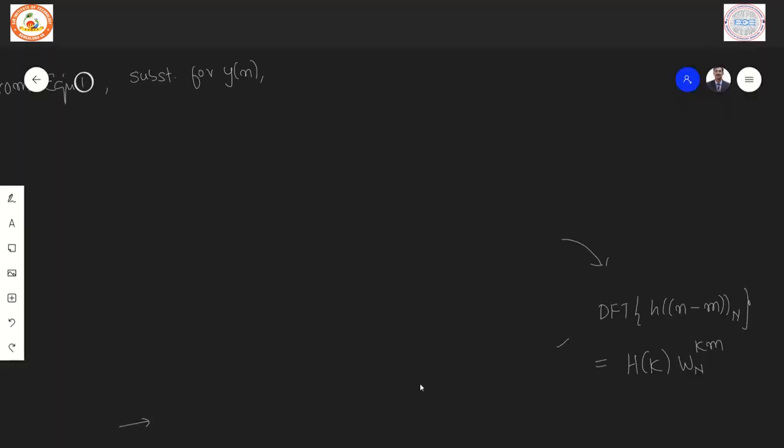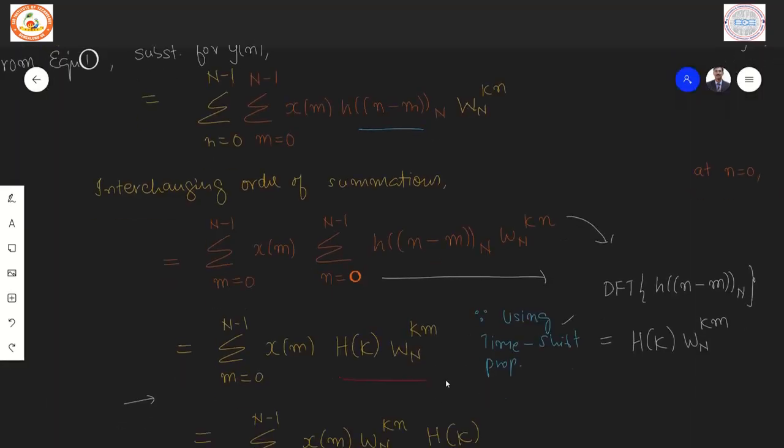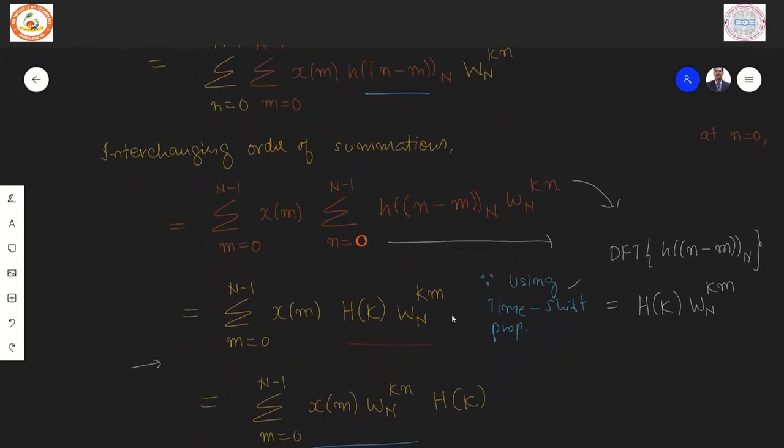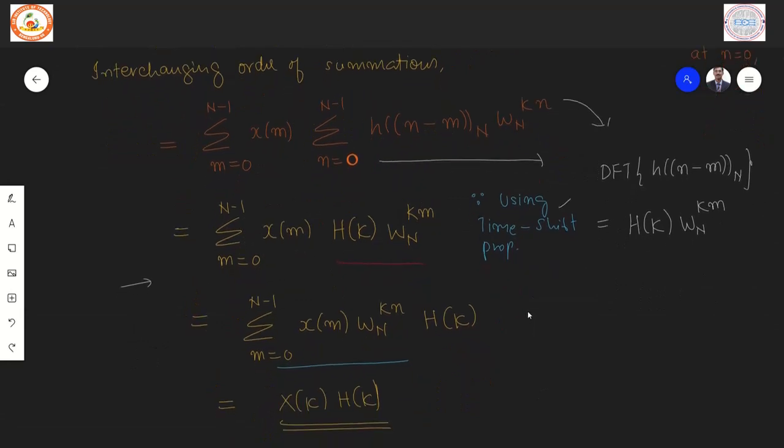And rearranging the terms, you can write H of k on this side and W_N on this side. Now this term also looks like a DFT. So this is the DFT of x of m, which we know is X of k. Therefore, the equation now reduces to X of k into H of k.